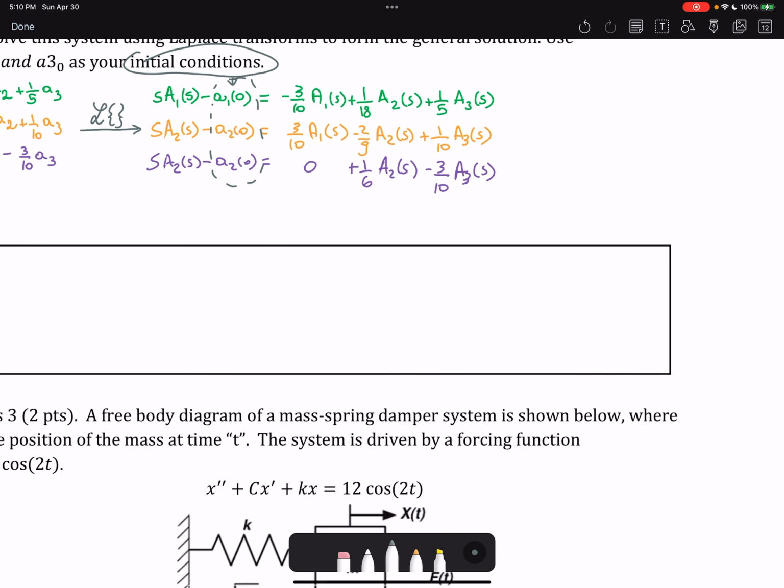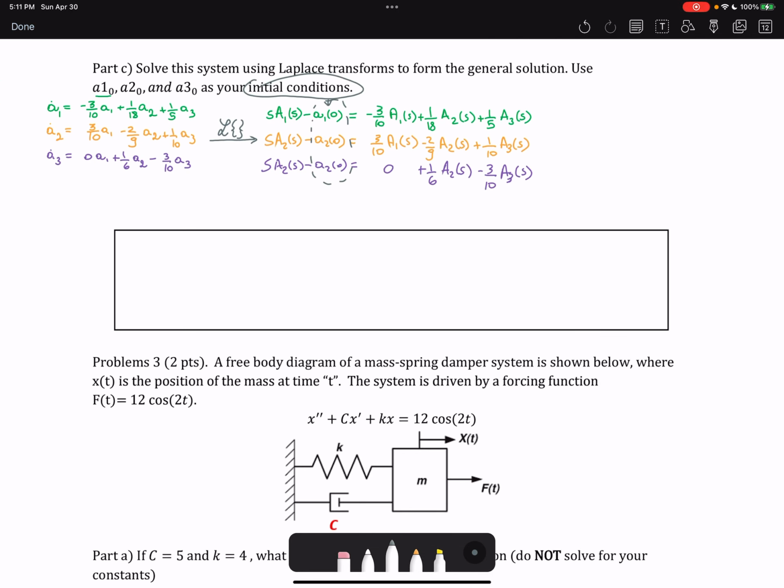So to solve for A of s, what are we going to do? Well, the first one's going to have to be solved for A1, the second one for A2, and the third one for A3. So really, this is probably a MATLAB job. So I'll see you in MATLAB.